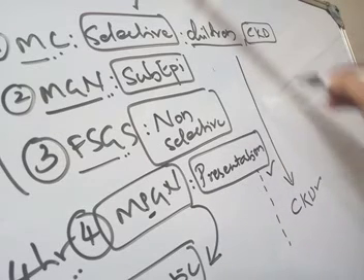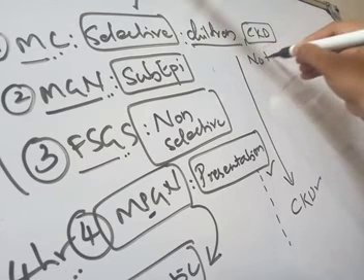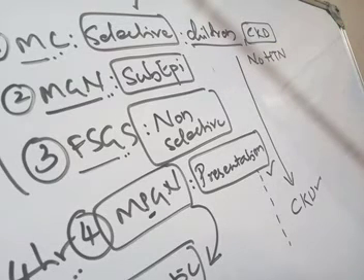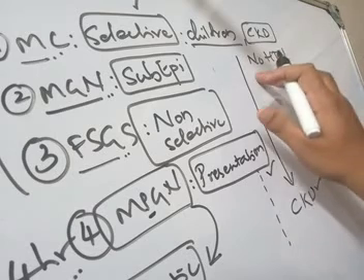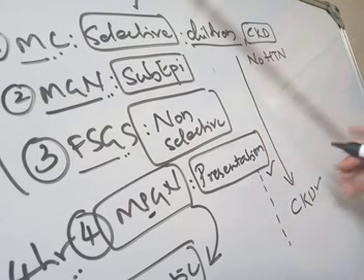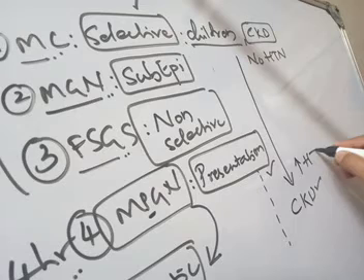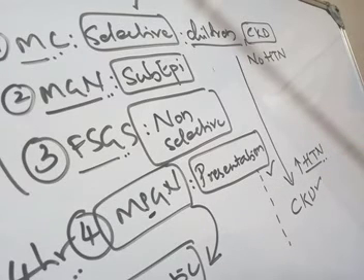Same with hypertension. In minimal change disease there is no hypertension. As you go from minimal change disease to MPGN, there are increased hypertensive episodes. Hence, MPGN presents with hypertension.